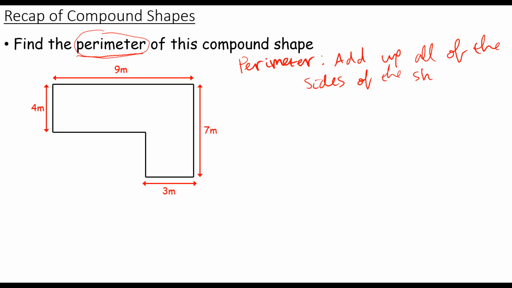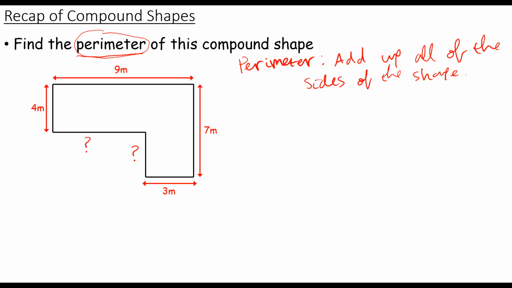You are looking for the distance all the way around it. It's like if you have a fence around a field, how long is the fence? Now, for this shape, we know most of the sides, but there are 2 sides that are unknown. So we need to work out a way of finding these missing sides so that we can add up all of the sides of the shape.